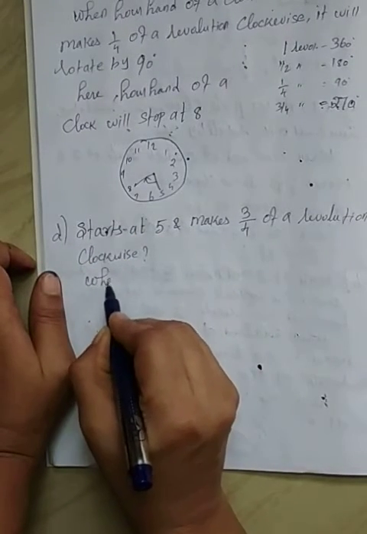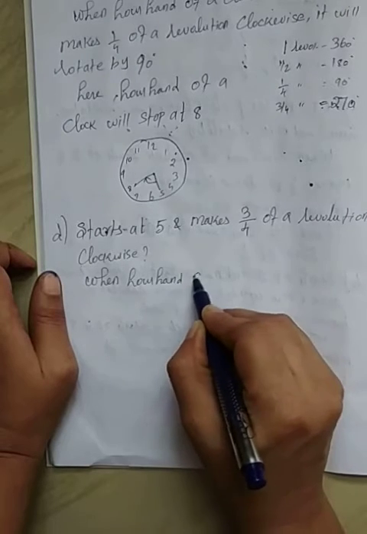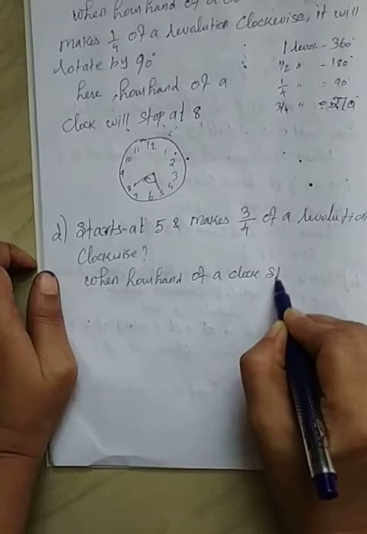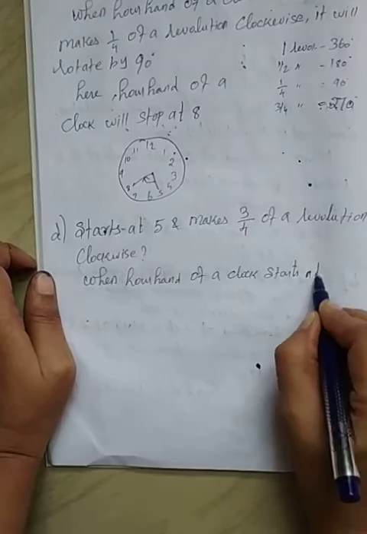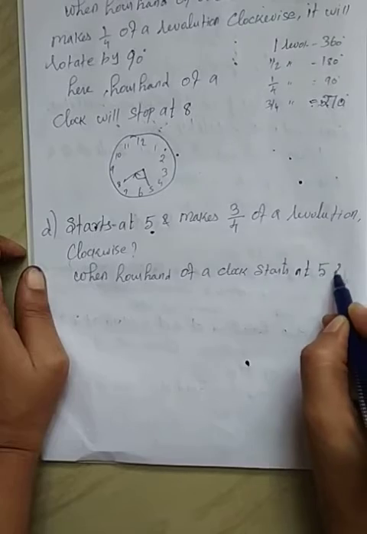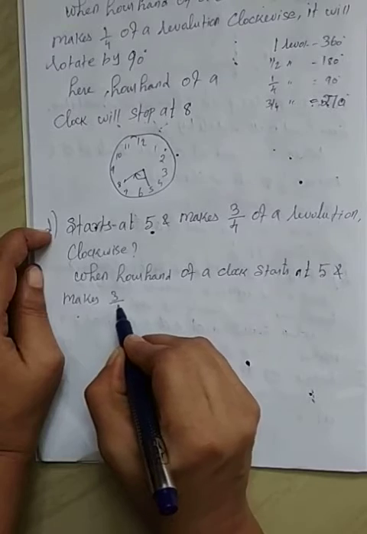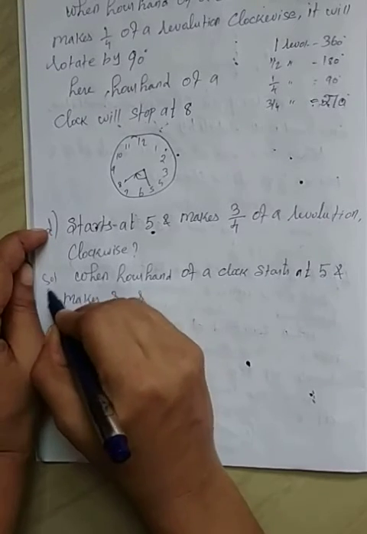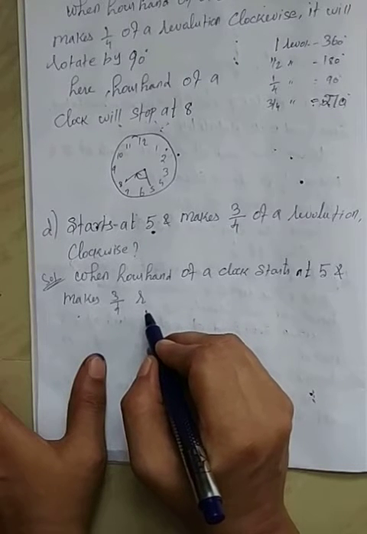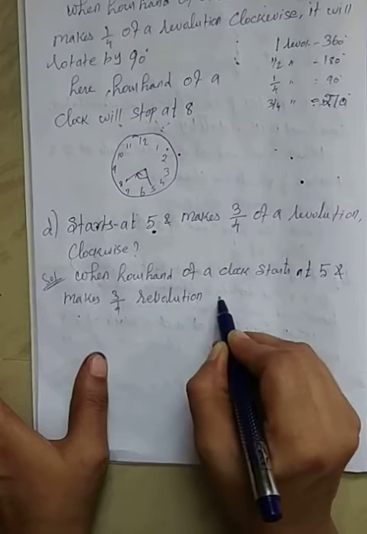You have to write when our hand of a clock starts at which one? 5. Okay, so we have to put 5 and makes 3 by 4 revolution clockwise. This one is a solution.